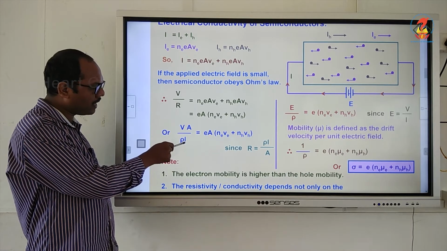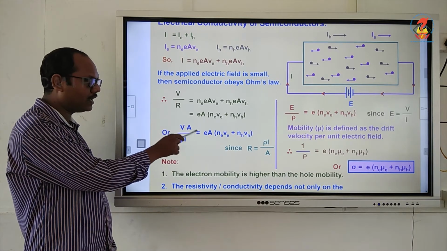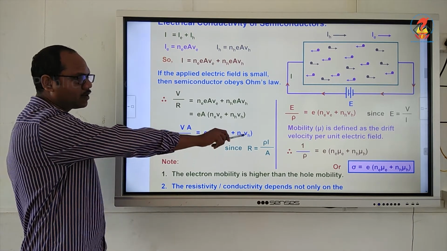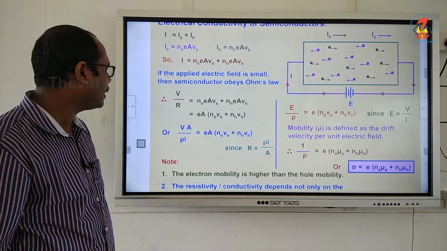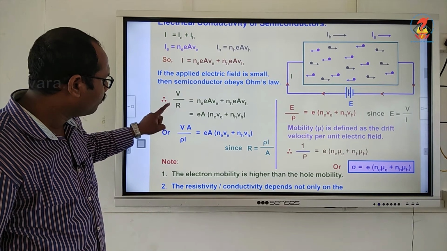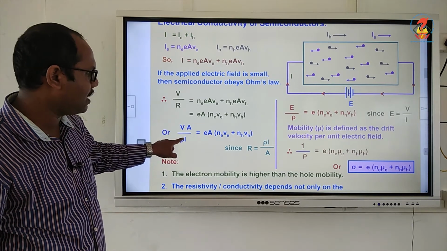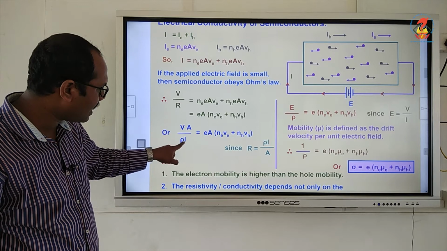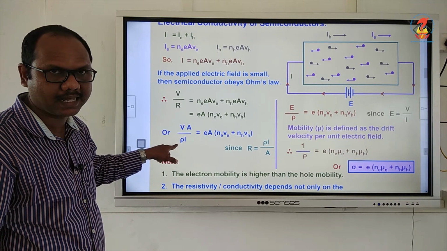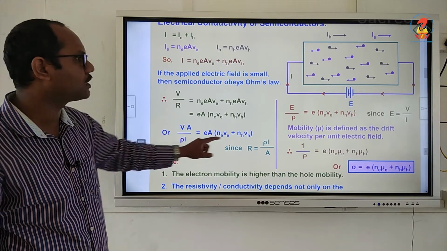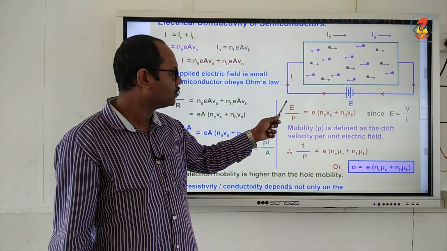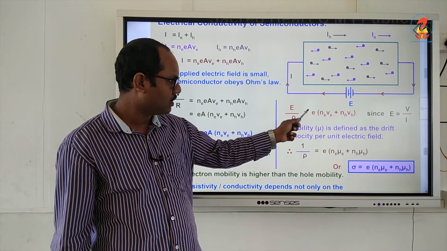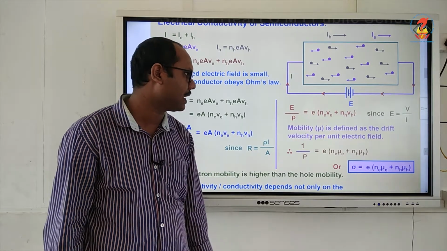So A comes in the numerator, and A and A can be cancelled. The remaining thing is V by L, and rho is there on the left-hand side. V by L is called the electric field, so instead of V by L I wrote the electric field. So E by rho is equal to small e into NeVE plus NHVH.